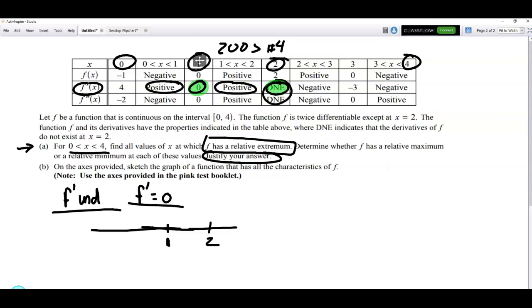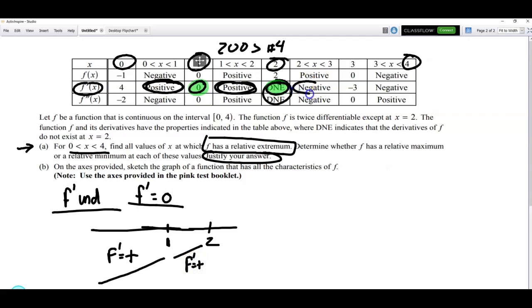Now, if I look to the left of 0, it tells me that f prime is positive. That means my graph is moving in an upward direction. If I look to the right of 0, it's still positive, so my graph is still going in an upward direction there.